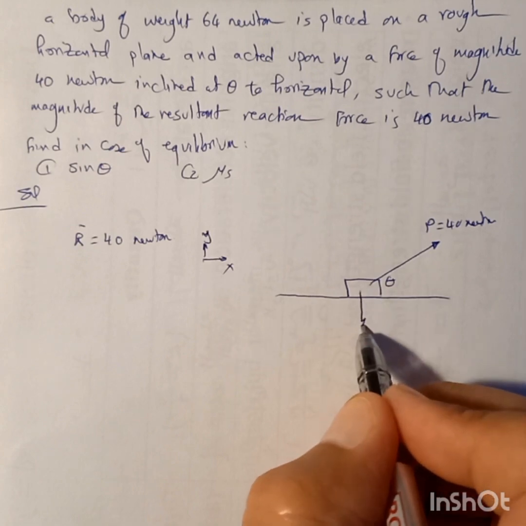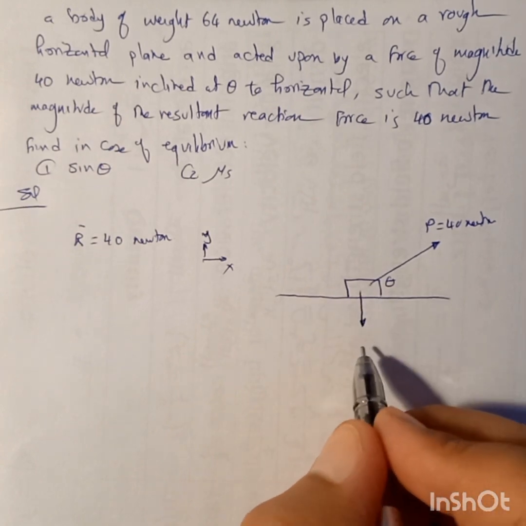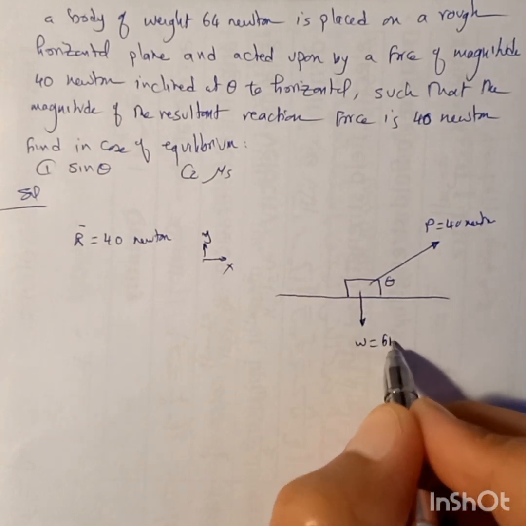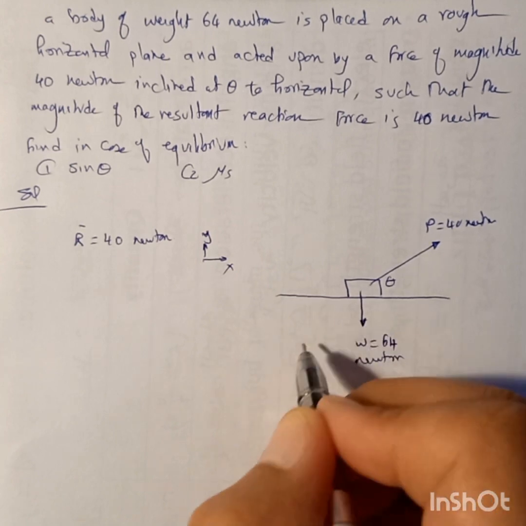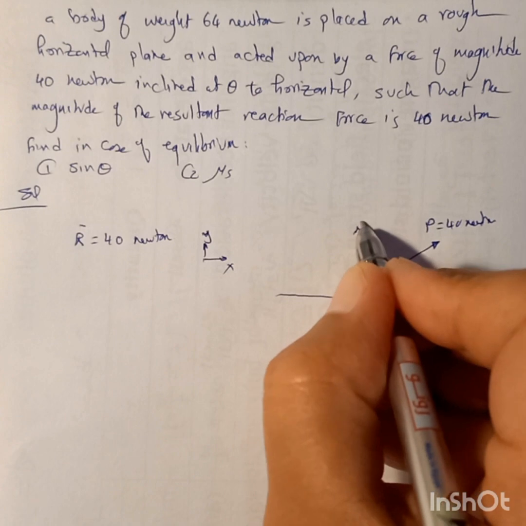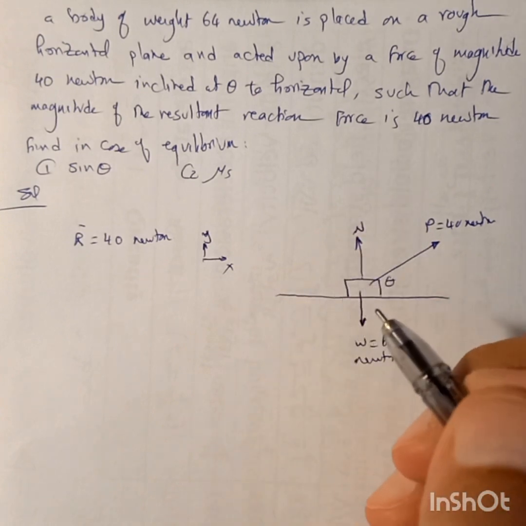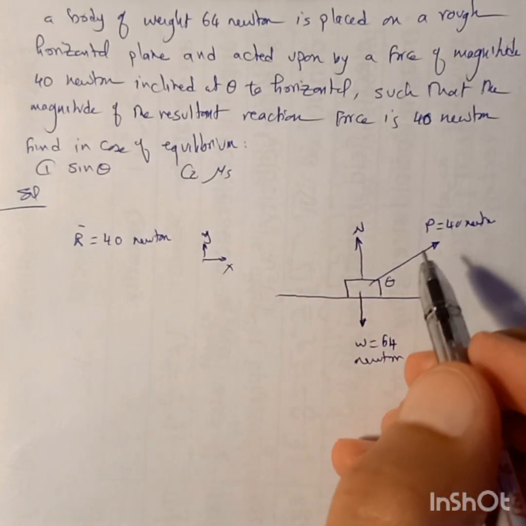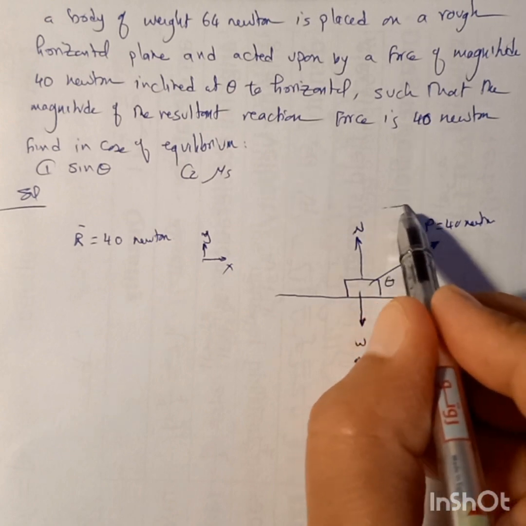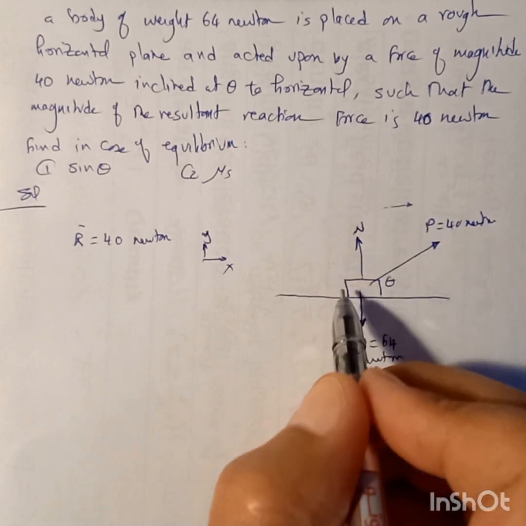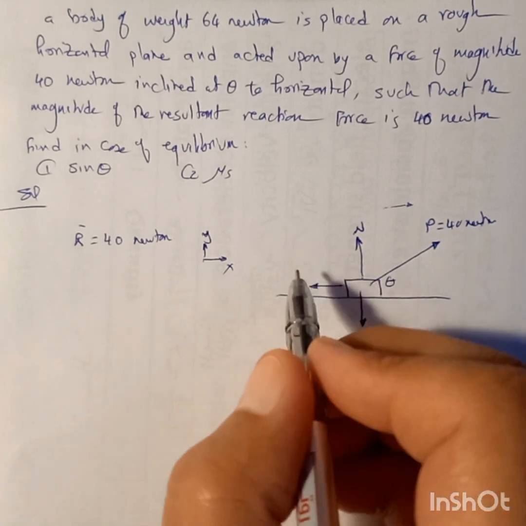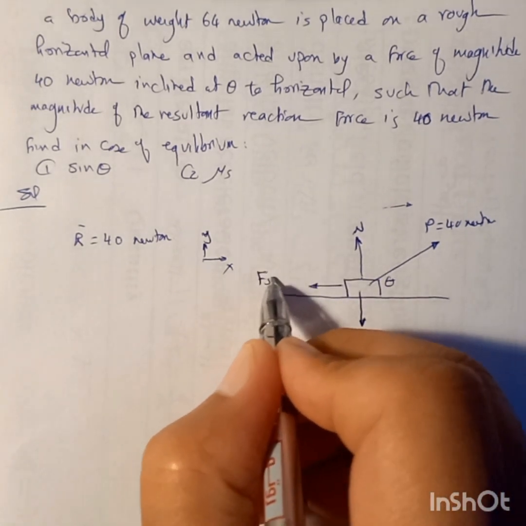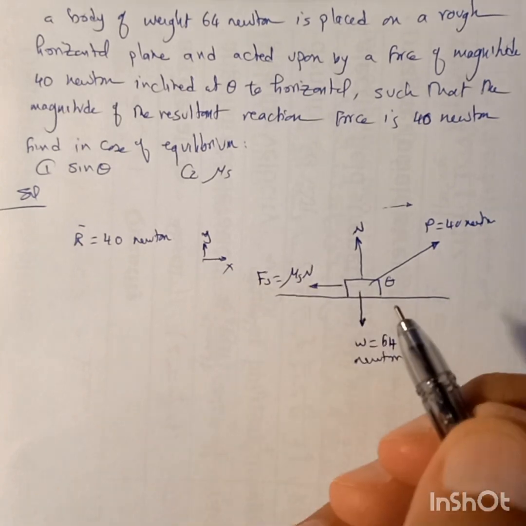We have W equals 64 Newton acting vertically downwards. We have N, the normal reaction force. As it's assumed that the body is about to move in this direction, we have in the opposite direction the limiting friction force Fs equals mu s times N.